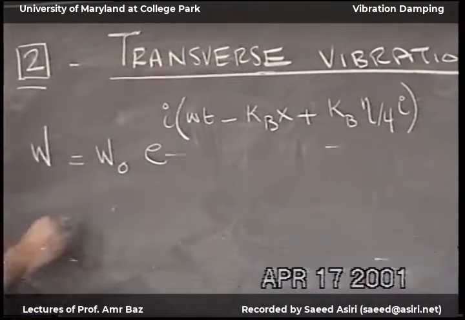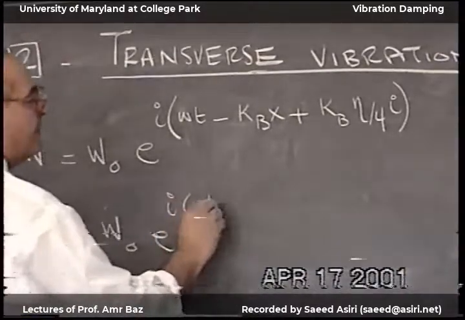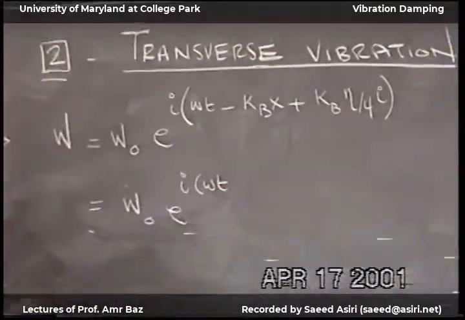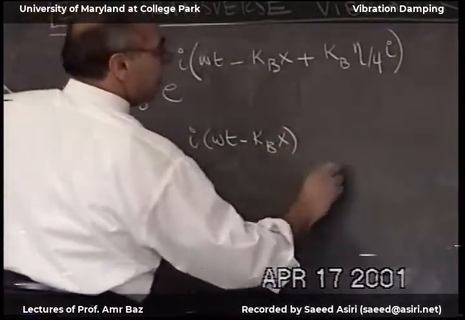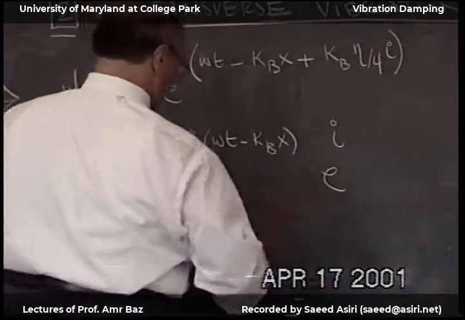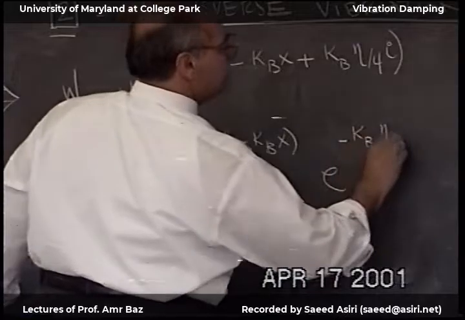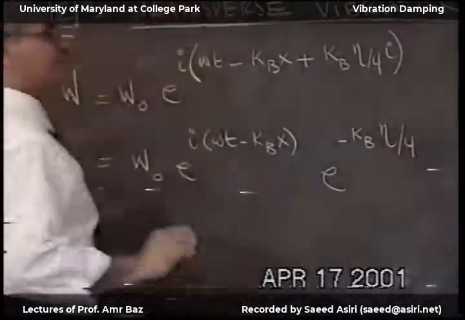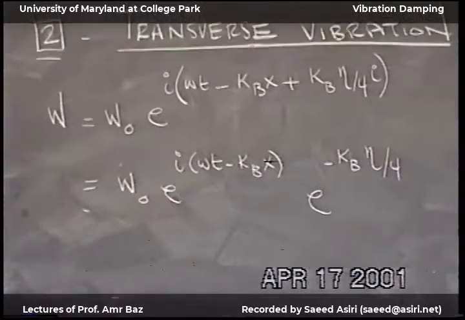Okay, so now this will equal to W0 e to the I omega t minus kb x, e to the I, I'm sorry, to the minus kb eta over 4. Should be an X. Pardon? Should be an X. X, I'm sorry.